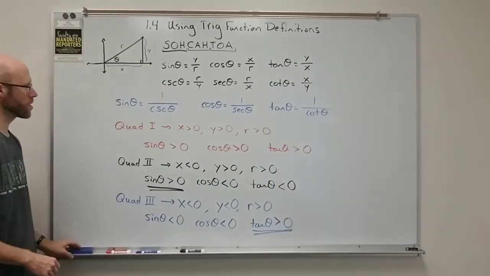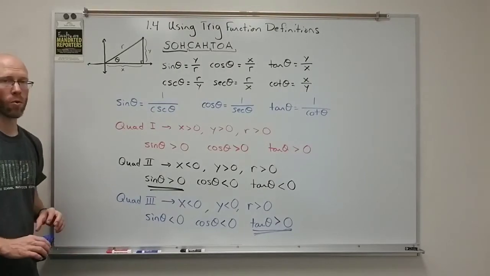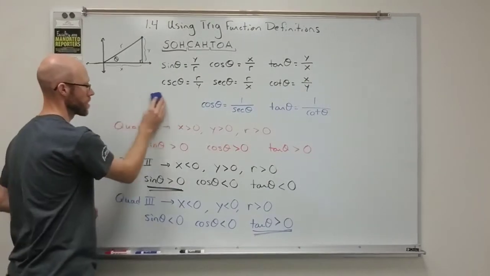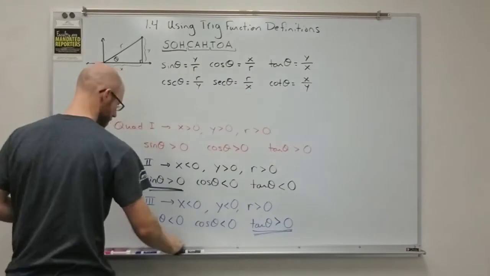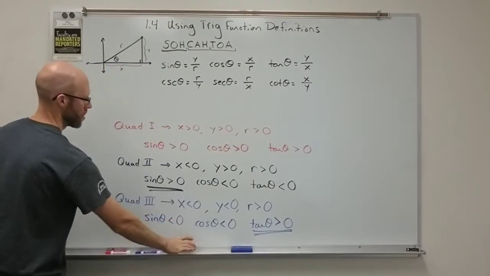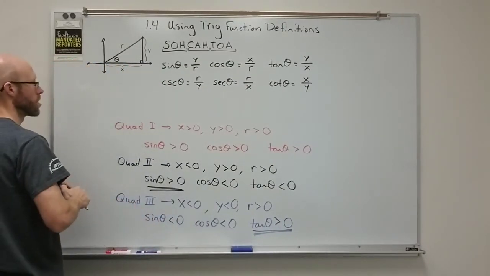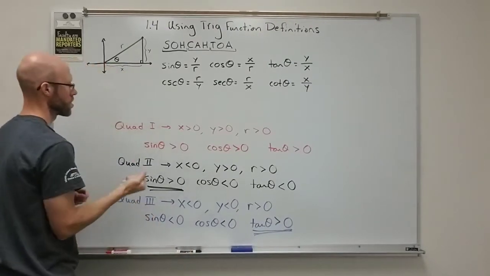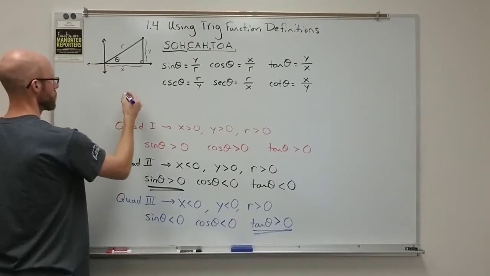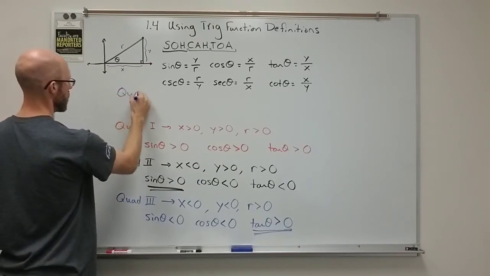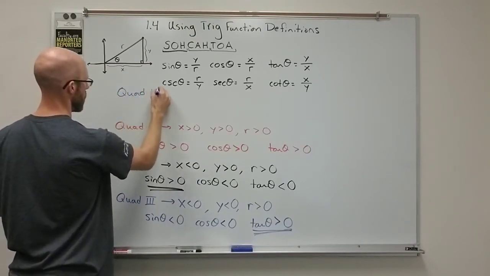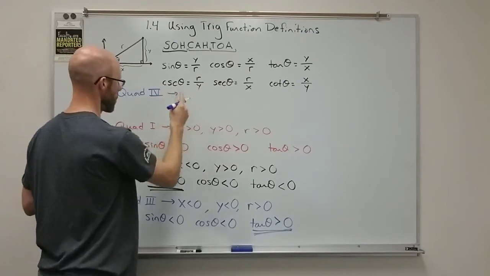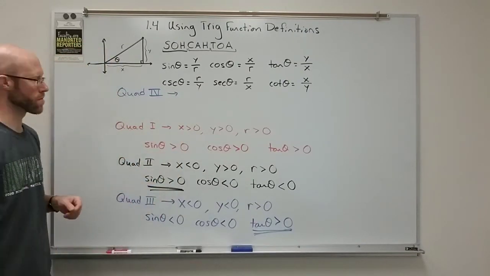Now, let's take a look at quadrant 4 for a moment. It's going to look a little bit out of order, but that's okay. I'm just trying to summarize some things here.